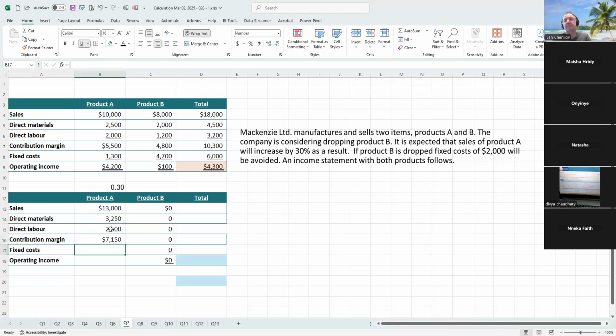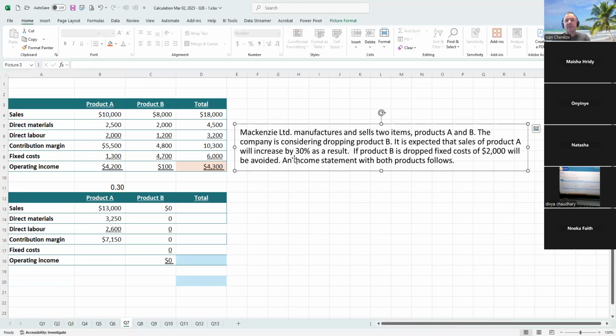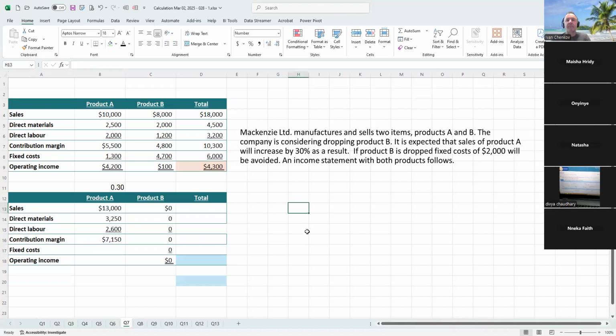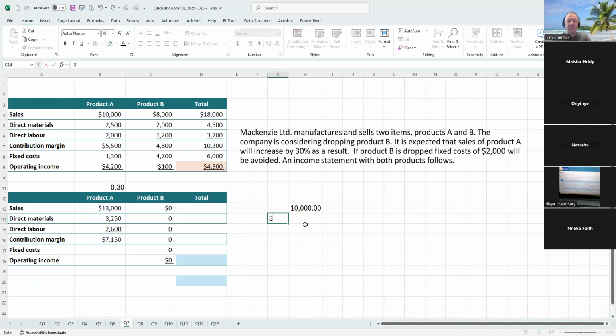Professor, where are you getting your 1.3? What's the increase? 30%. My original is 10,000, and with a 30% increase, how much will the increase be? That's 30% of 10,000, equal to this one times 30%.